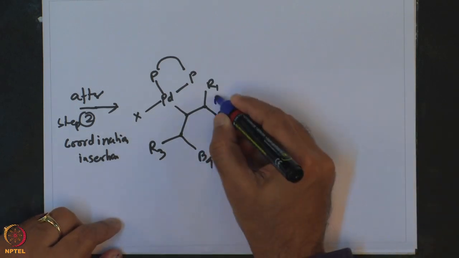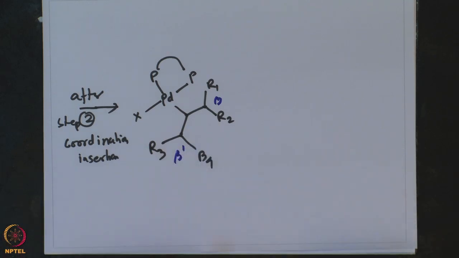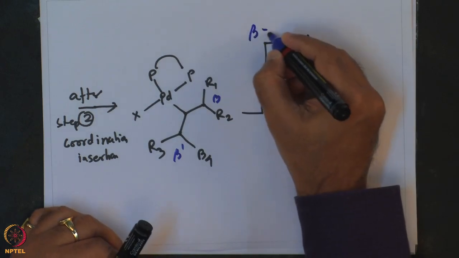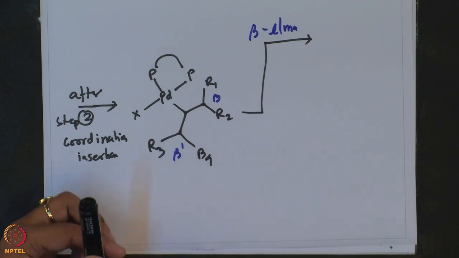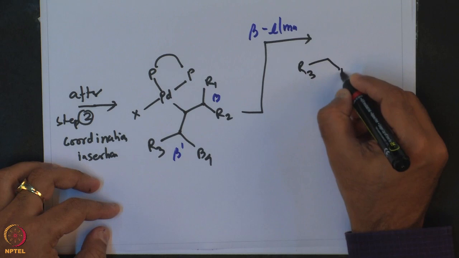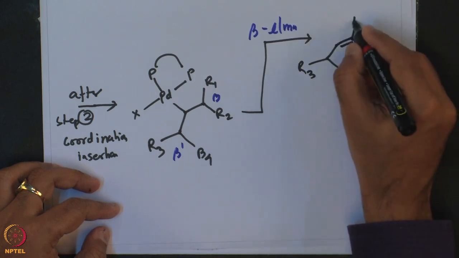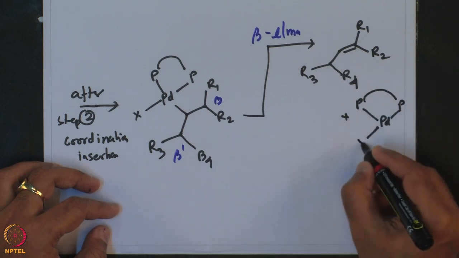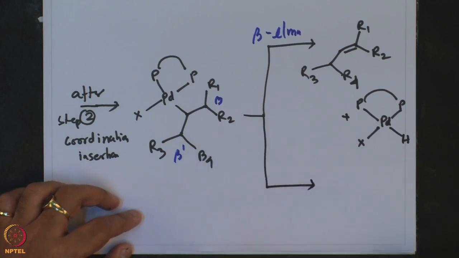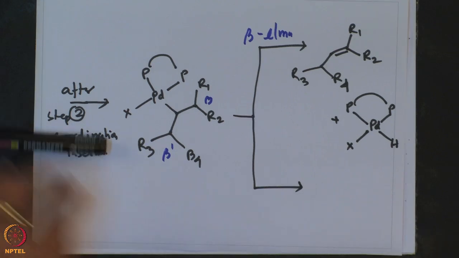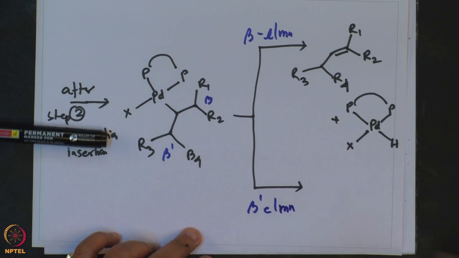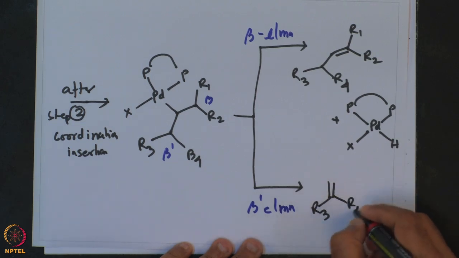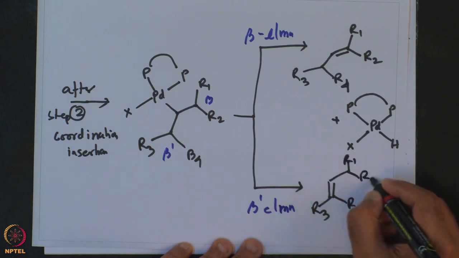is beta, and this is beta dashed, and what one sees that this will go beta elimination to give the product, which would be of this type, R3 R4, R1 R2 plus the palladium hydride complex, and would undergo the beta dashed elimination to give the following olefin, R3 R4, R1 R2 and then along with this.